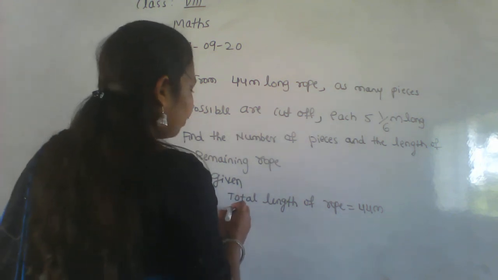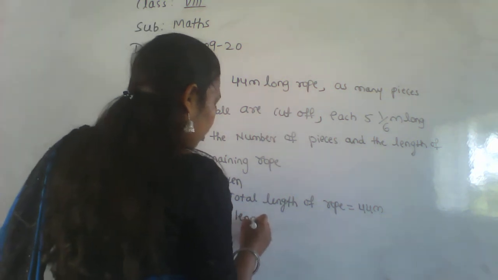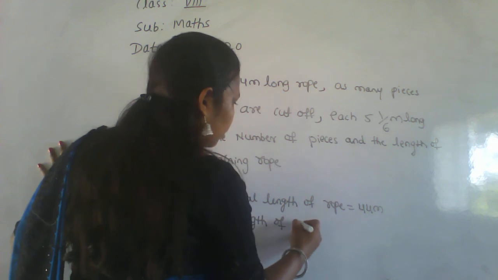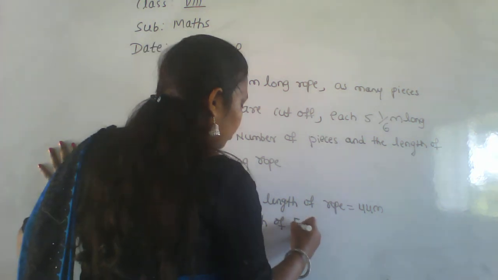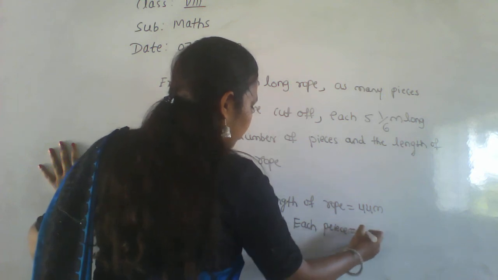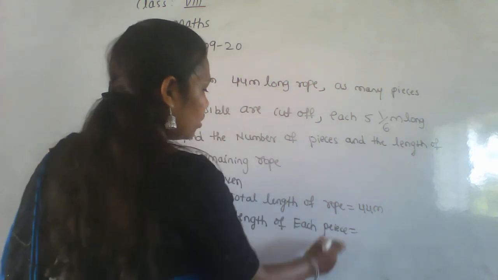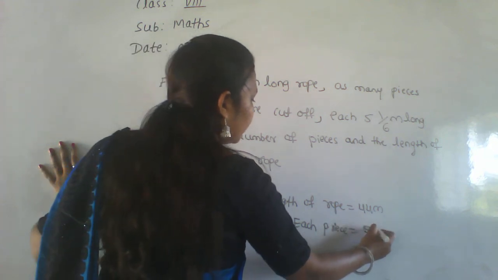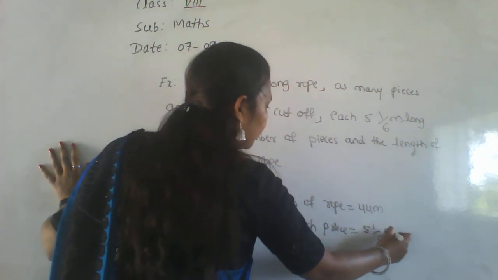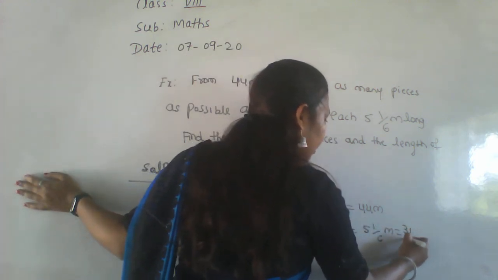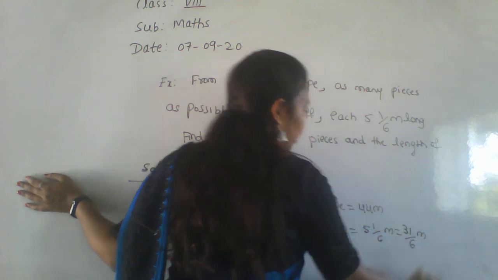Next, length of each piece is equal to how much here? 5 integer 1 by 6 meter, that is 31 by 6 meter.